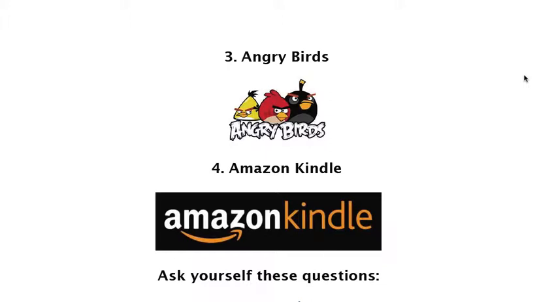My final example is Amazon Kindle. Amazon Kindle is a famous e-reader, and you can read, I think, thousands and thousands of books on it. And it's great because it's quite cheap. However, the company doesn't actually make much money at all on the Kindle. In fact, I think it makes a small loss.